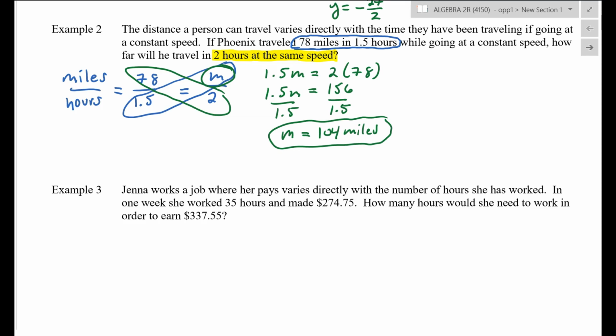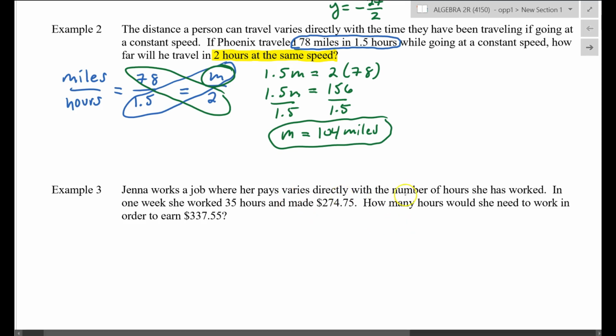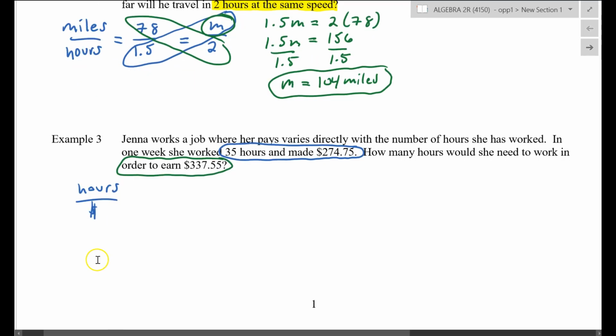So Jenna works her job and gets paid directly with the number of hours she works. She works 35 hours 1 week and makes that amount of money. How many hours will she have to work in order to earn that amount of money? So again, our comparison is hours to what she gets paid, right?